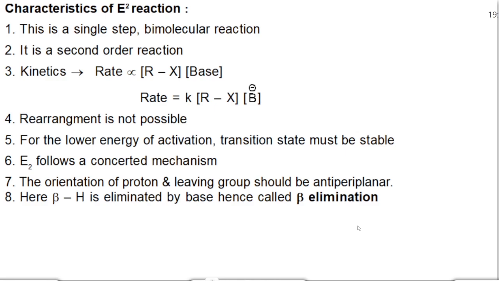So the transition state formed should be stable, and E2 is a concerted mechanism. There should be an anti-periplanar orientation of proton and leaving group. In stereochemistry, if one is above the plane, the other should be below the plane.